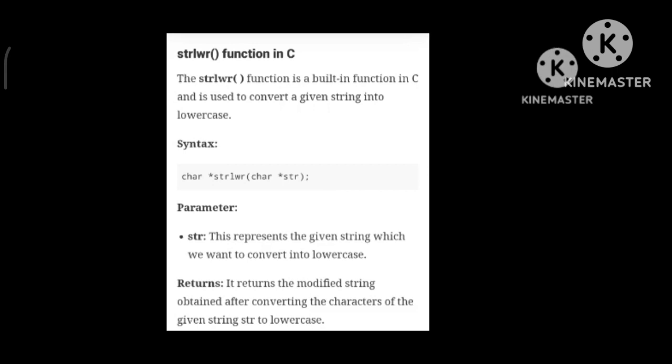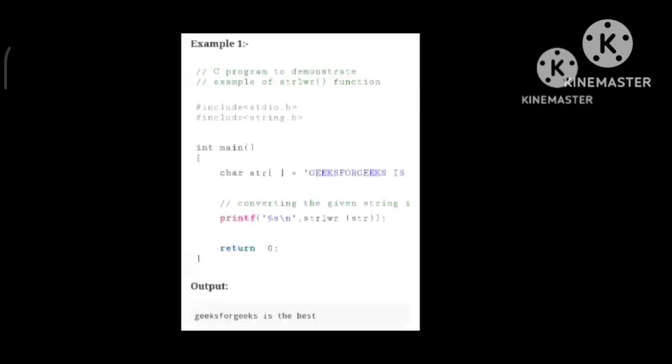Parameter: it represents the given string which we want to convert into lowercase. It returns the modified string obtained after converting the characters of the given string to lowercase. This was the example on the strlwr function, and the output is: geeks for geeks is the best.